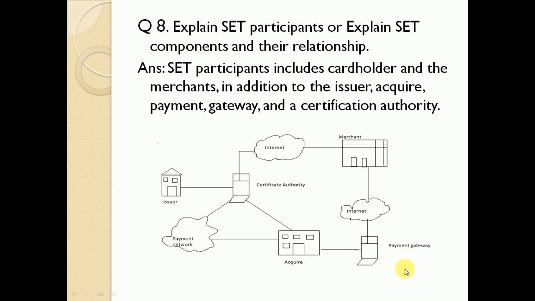This is the function operated by the acquirer or a designated third party that processes merchant payment messages. The payment gateway interfaces between SET and the existing bank card payment network for authorization and payment functions. So this way these different components are there in SET, the participants who provide the different components, and their relationship. So thank you everyone.